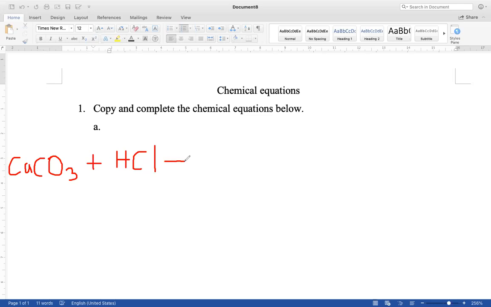So here, when you look at this in a similar manner, there is calcium and there is a carbonate. There is a hydrogen and there is a chloride here. There's chlorine as an entity.